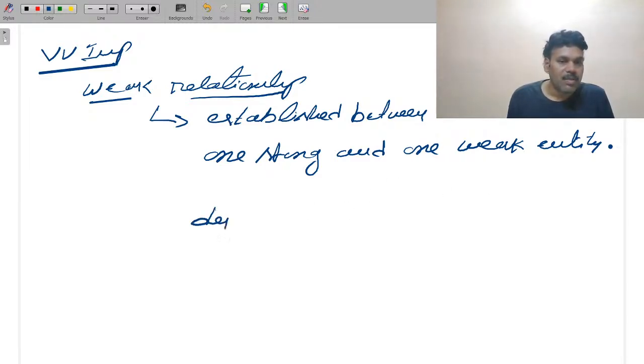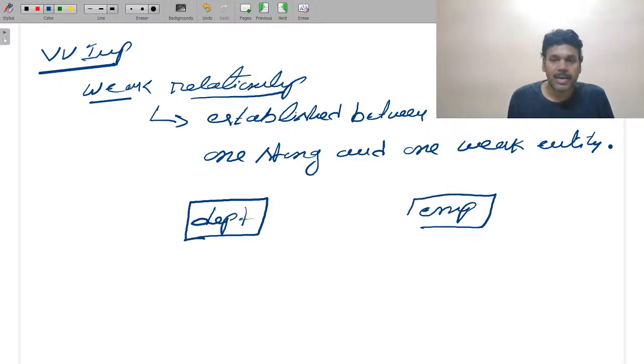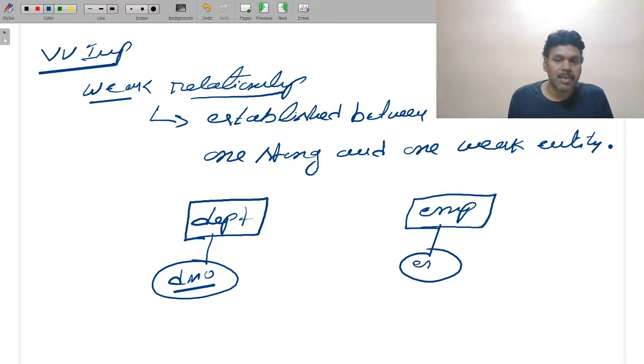Therefore, when I am talking about department here and employee here, a department has a department number, an employee has an employee number. This one is underlined, this is a dotted underline. Therefore, this is a weak attribute and this forms a weak entity.